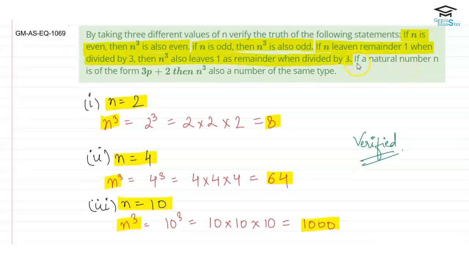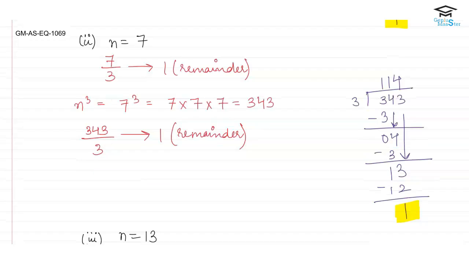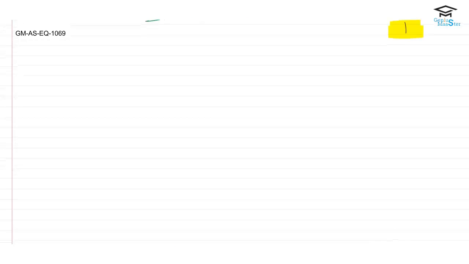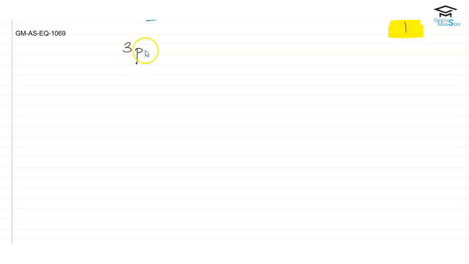Now we will see our fourth statement. If a natural number n is of the form 3p plus 2, then n cube is also a number of the same type. So in the question, the type of the number is given as 3p plus 2.